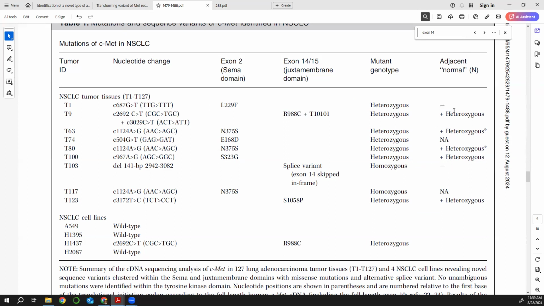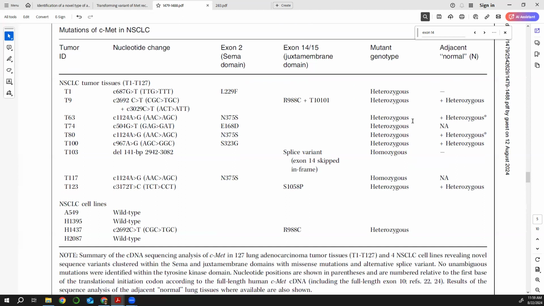So how do you explain these mutations in adjacent normal, quote unquote, normal, histologically normal tissue? Well, this could be related to a mutation before malignant transformation, okay? So that's what I suspect is going on here. And this really sheds some light in cancer biology that even histologically normal tissues can have some pre-malignant changes.